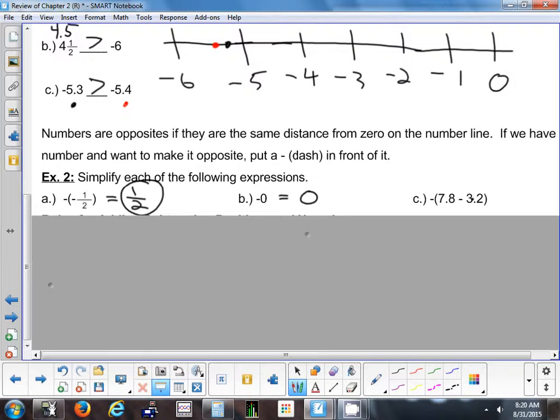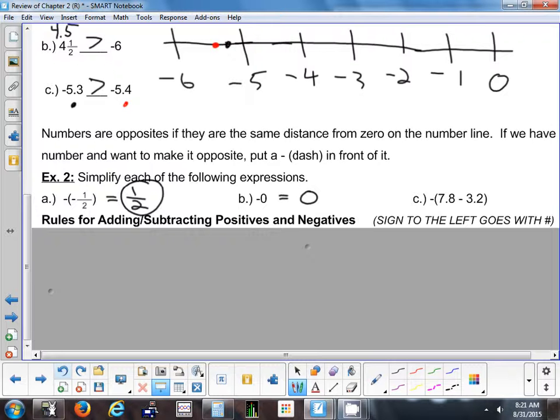Right, and this one. What would we do first in that one? That kind of goes back to what we learned on Friday. How about Alex? What would we do first there? 7.8 minus 3.2. Yeah. So you'd start with 7.8 minus 3.2. This negative, what's going to happen to that? Come on, what are we going to do with that negative?